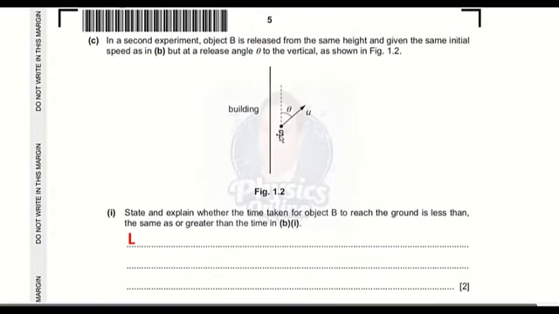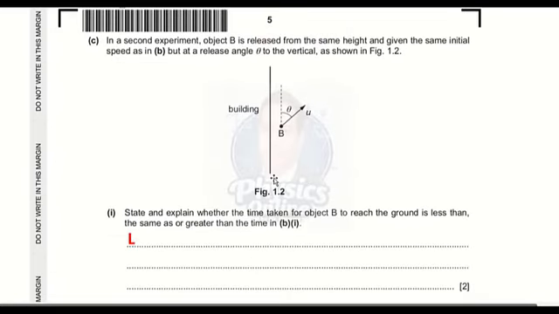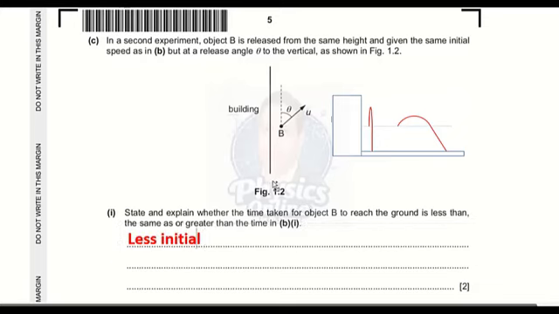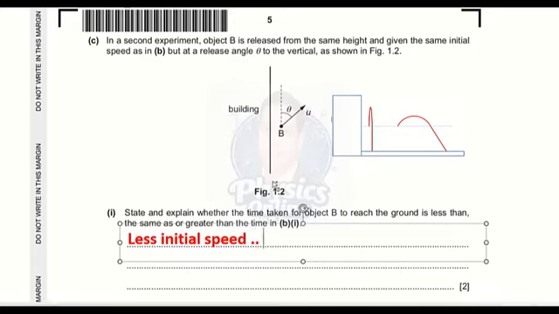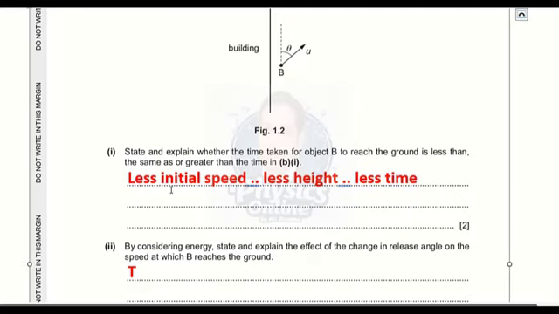The idea here is that as the object is released with an angle, the initial speed decreases from the value we calculated, 6.2, which means less height. Less height means, of course, less time required to reach the ground. So less initial speed, less height, less time needed to reach the ground.